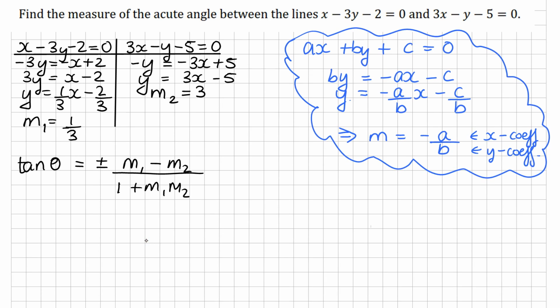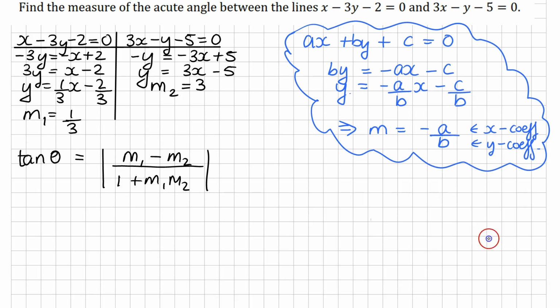So I'm going to rub out the plus and minus, and use my absolute value. With most of these questions, you're better off to tackle it like this: get the absolute value for the two slopes, and then if you need the other angle, it's only a simple matter of subtracting it from 180. Because when you're using minuses with the trigonometry, it can cause a little bit of a problem.